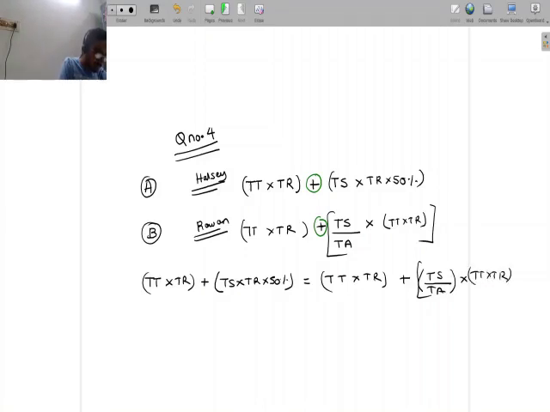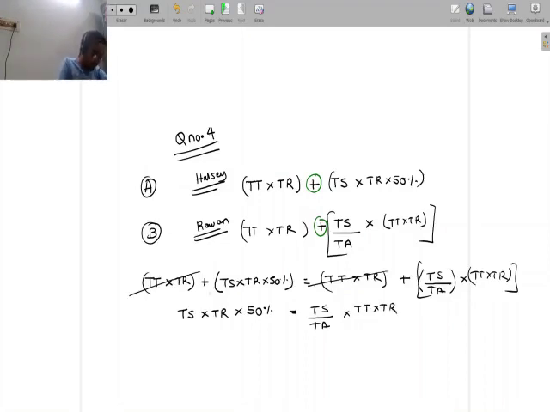This is what Rowan plan says. Now straight away I can cancel this one and this one because both are going to be equal. Now let me expand: TS into TR into 50% is equivalent to TS by TA into TT into TR.